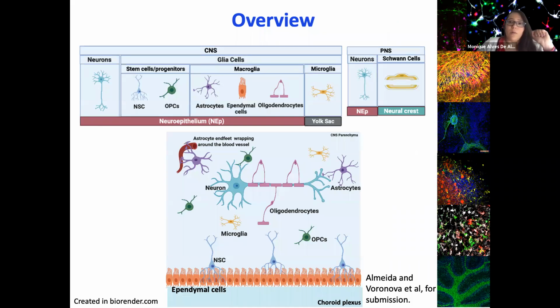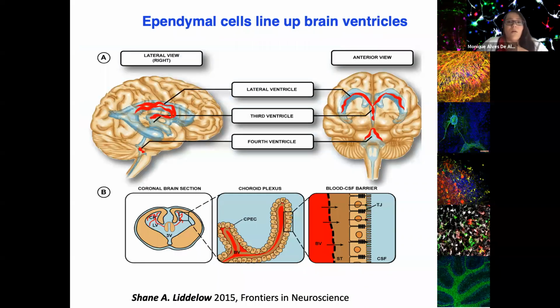We'll briefly talk about another kind of glial cell termed ependymal cells, which originate from the neuroepithelium coating the neuroectoderm during embryogenesis. Ependymal cells form the epithelial lining of the ventricles of the brain and the central canal of the spinal cord.